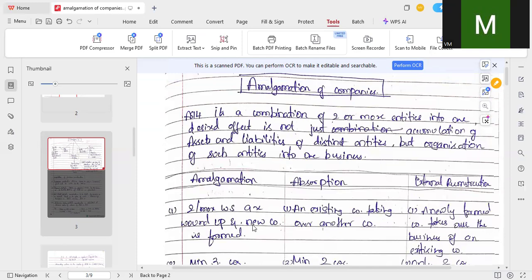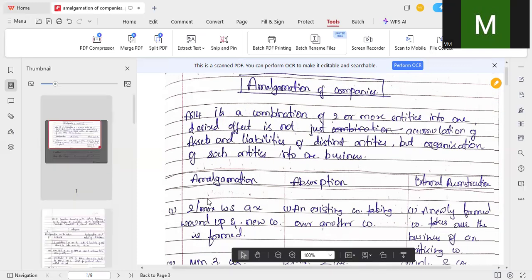Okay, let us revise once again the meaning of amalgamation. Accounting Standard 14 says, in simple common parlance, amalgamation is a combination of two or more entities into one, where the desired effect is not just accumulation of assets and liabilities of two different entities, but the organization has to continue the business of the old company, right?